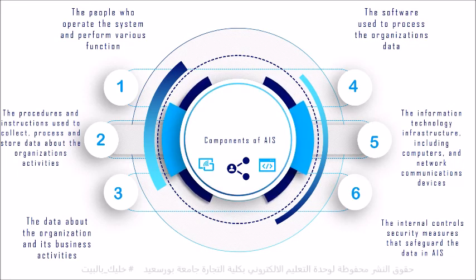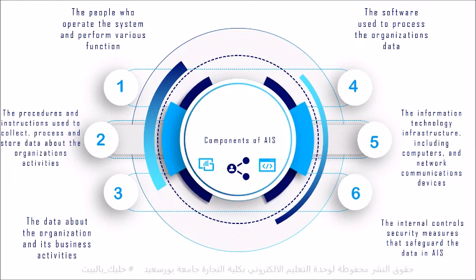The fourth component is the software used to process the organization's data, such as programs and so on. The fifth component is the information technology infrastructure, including computers, external devices such as printers, external hard drives, and network communication devices used in an accounting information system. The sixth and last component is the internal control and security measures that safeguard the data in an accounting information system.